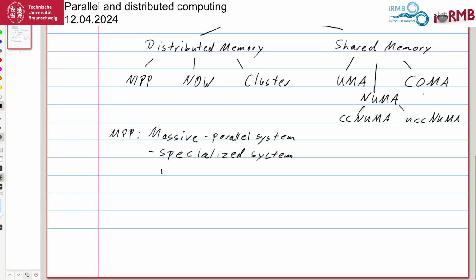So it uses a unified operating system, usually designed for this machine or for machines of this type, and this is where you have the really big computers. The big supercomputers are these MPP systems.